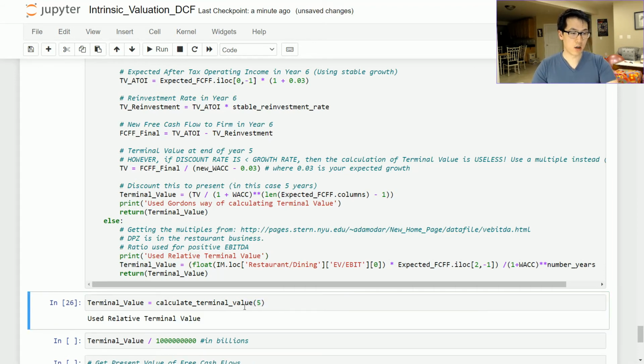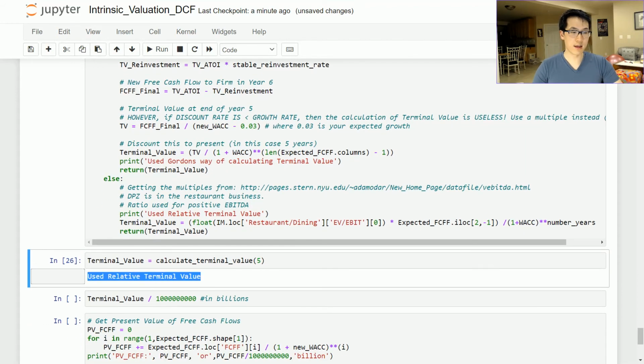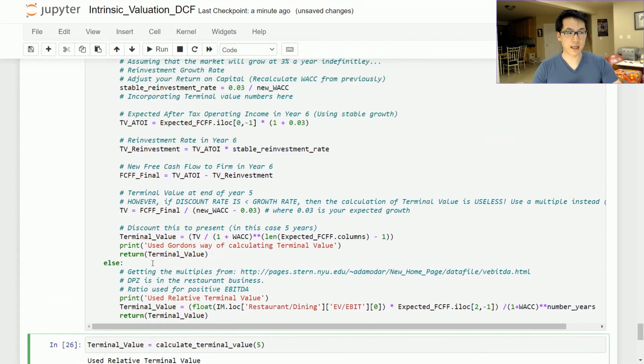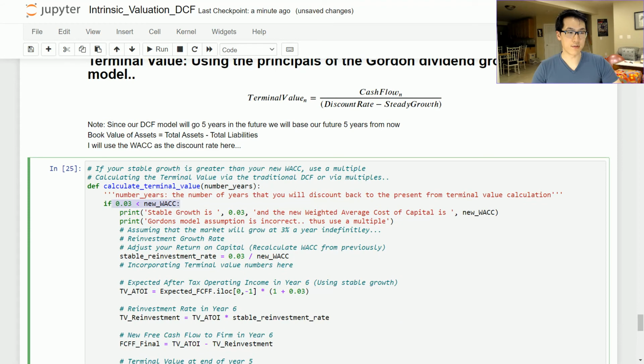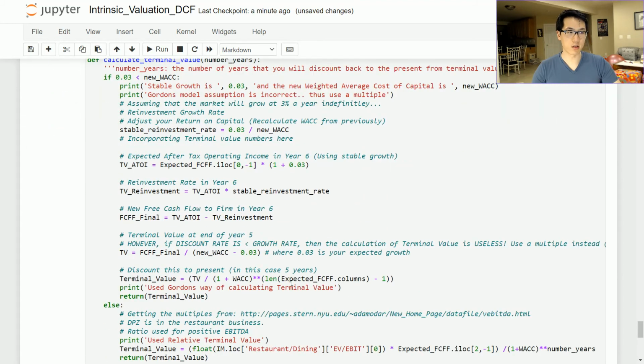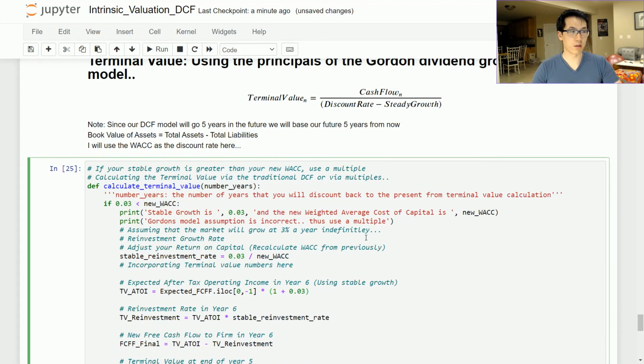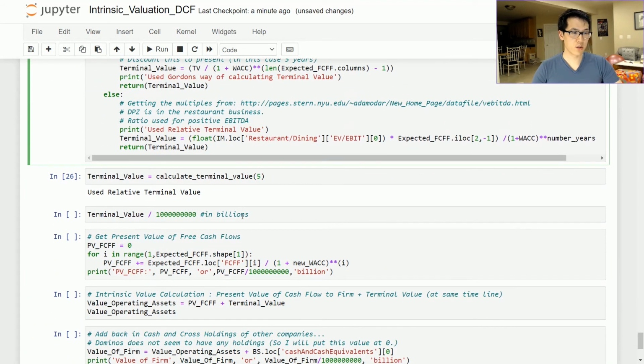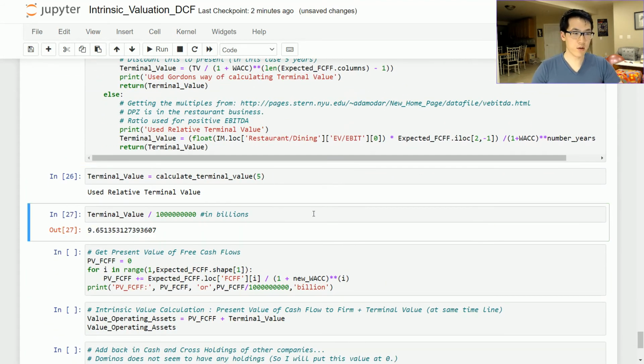And let's run this over here, and let's note that it says that you use relative value because I did an if-then statement where, if the growth over here is less than the discount rate, then obviously we can't use the Gordon's rate of calculating the terminal value. So use the terminal value, and our terminal value for Domino's Pizza is $9.65 billion.